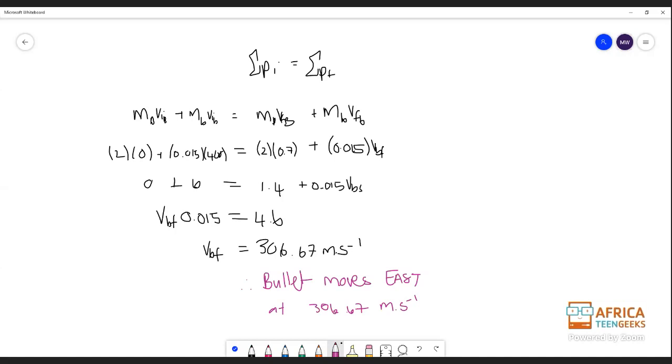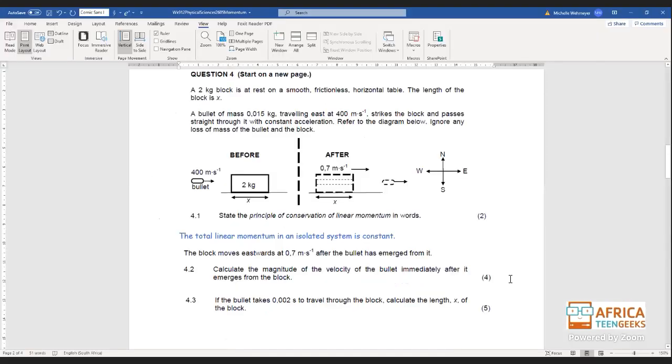Okay, then question 4.3, they tell you if the bullet takes 0.002 seconds to travel through the block, calculate the length of the block. Okay, so they give you the time and they're asking you to calculate the distance.